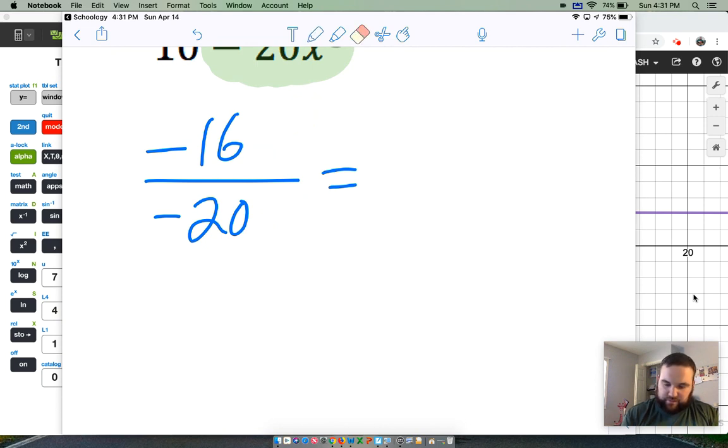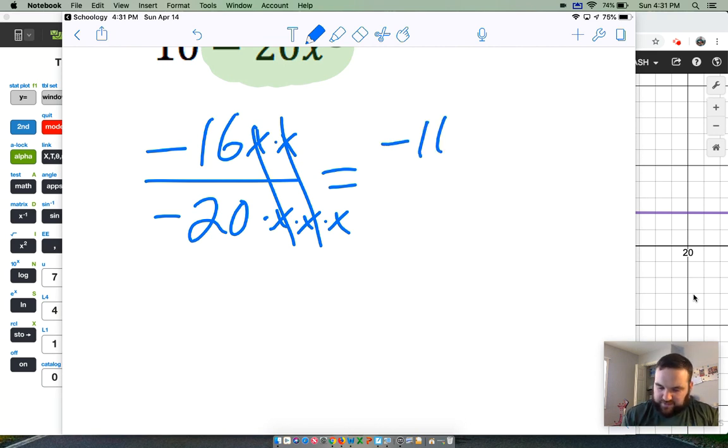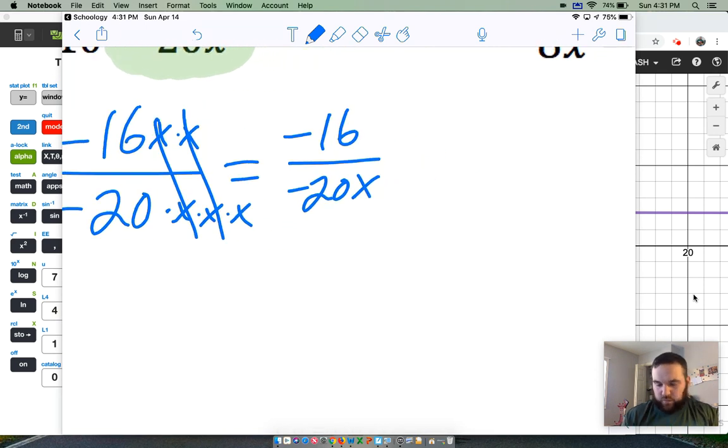So think of it like this. This is x squared on top. This is x to the third on bottom. So those x's cancel, those x's cancel. And what I'd be left with is negative 16 over negative 20x. The 16 and the 20 can both be divided by negative 4, and I would have 4 over 5x.